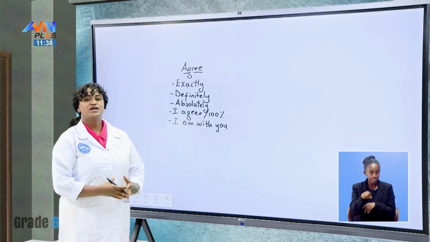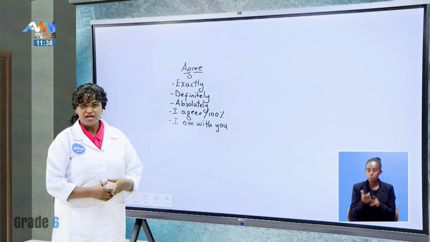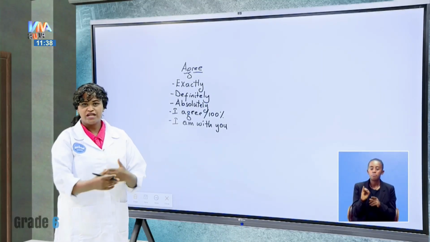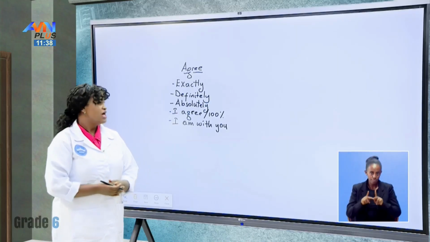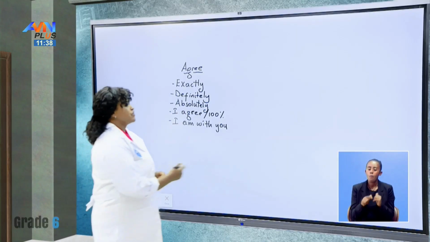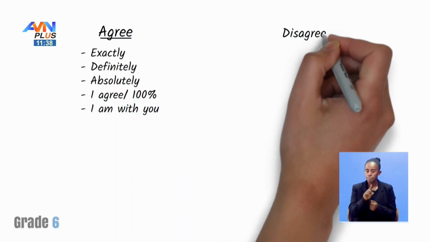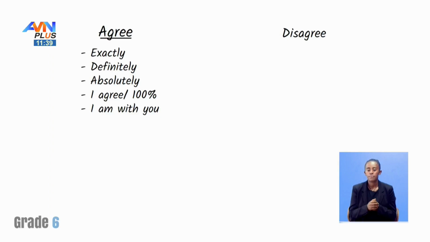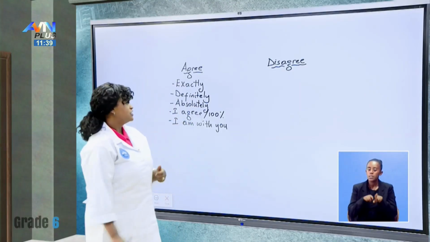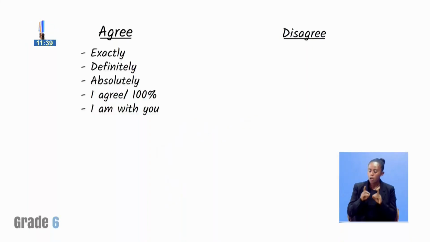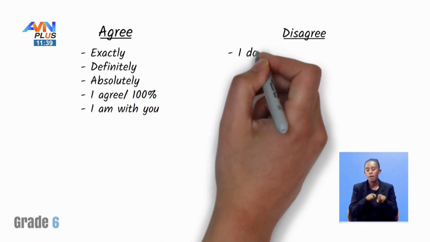Last week we have seen these phrases and these words using a conversation or a dialogue between two students or two people, right? How about the way we disagree? How do we disagree? Do you say, I don't agree? I don't agree.